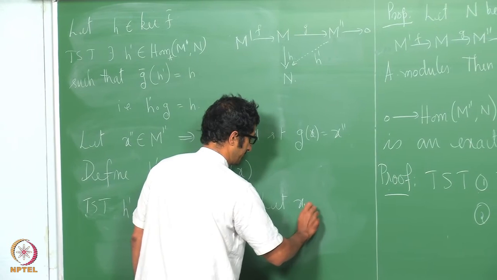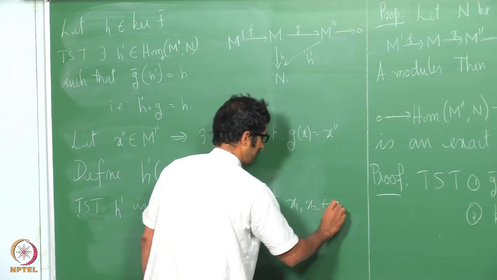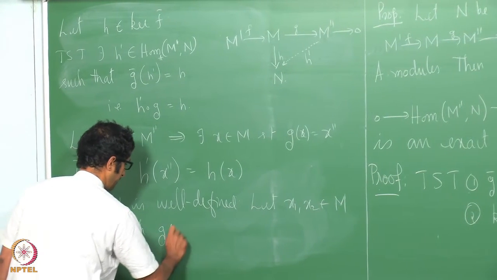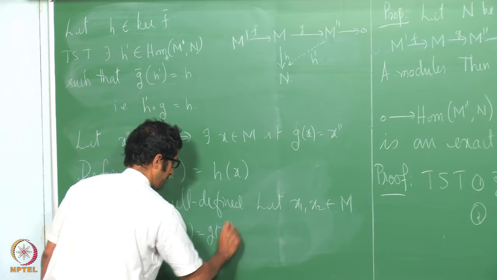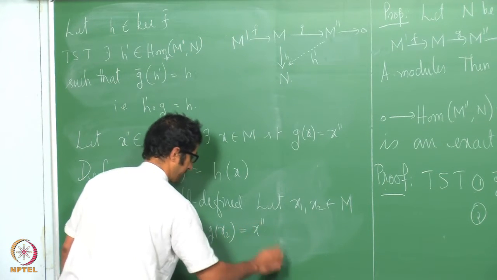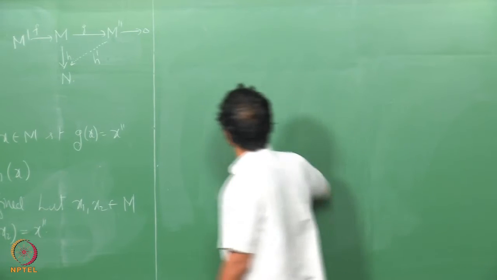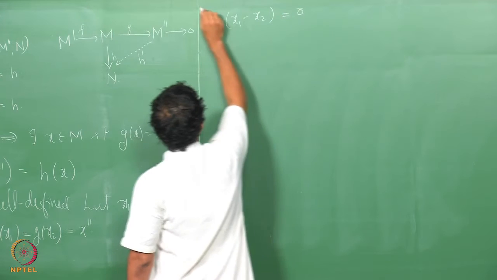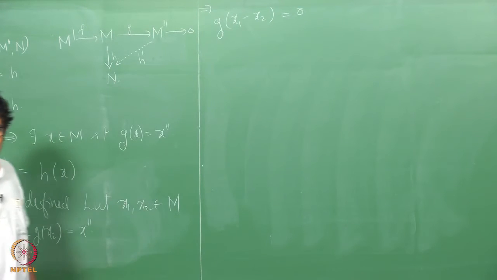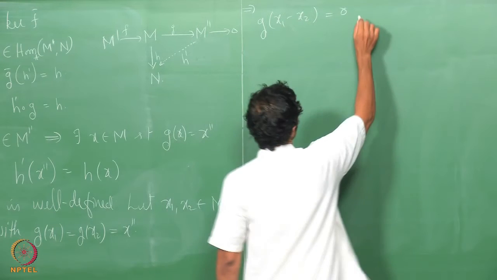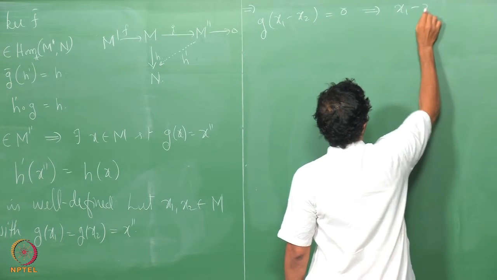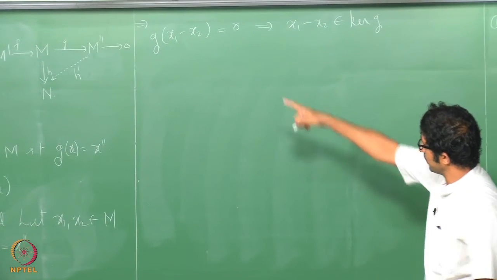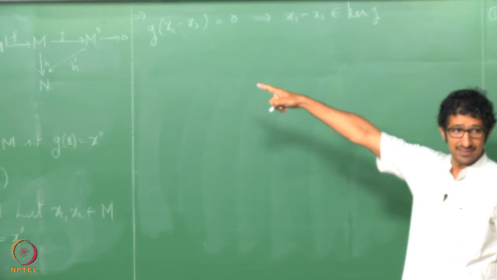So, let us do that. Let x1, x2 be in M with g of x1 equal to g of x2 equal to x double prime. G of x1 minus x2 is 0. This implies g of x1 minus x2 is 0, or in other words x1 minus x2 belongs to kernel G, but we know that sequence is exact.